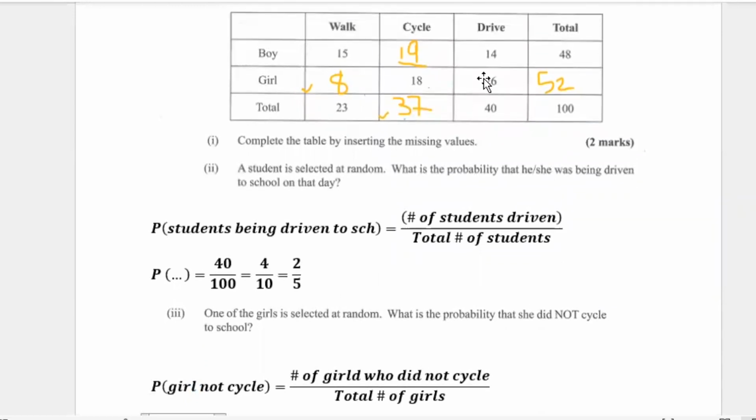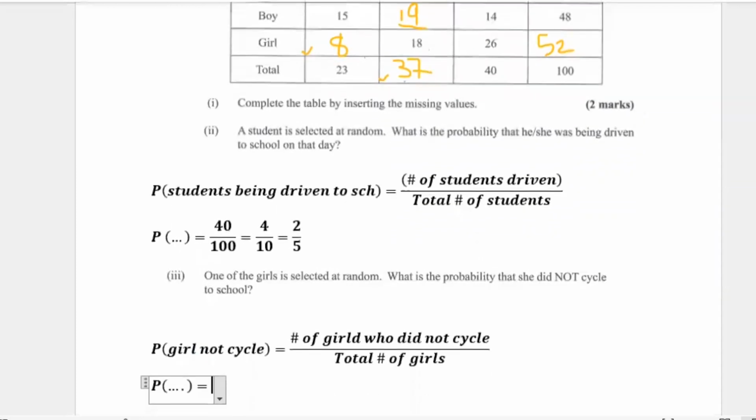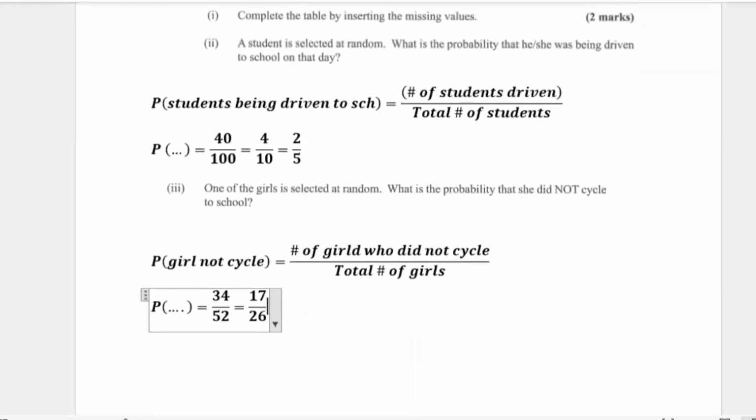So it would be 18 plus 26, which gives us 44. So it would be 44 over the total number of girls, which is 52. And again, once we can simplify, we go ahead and do so. 2 into 44 leaves 22, and 2 into 52 leaves 26. So our answer is 22 over 26, and that is our final answer.